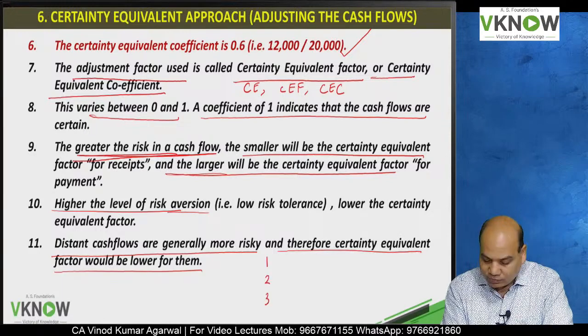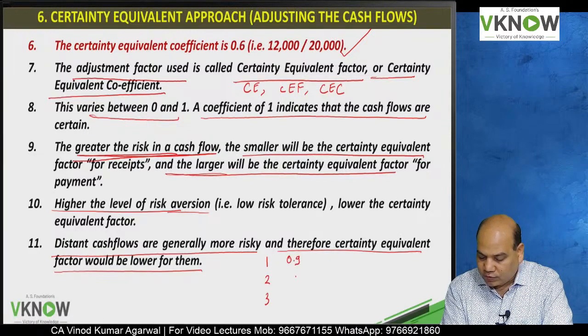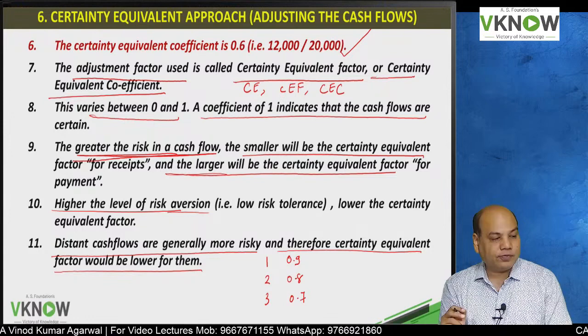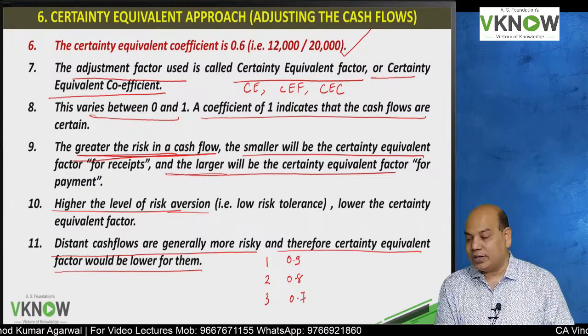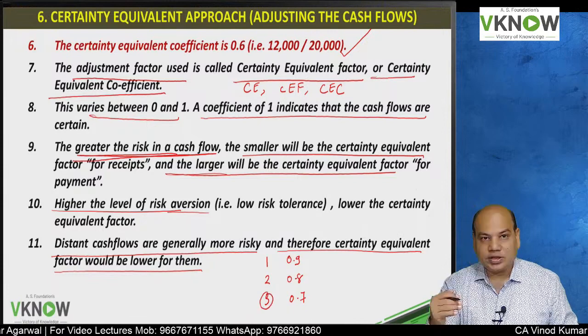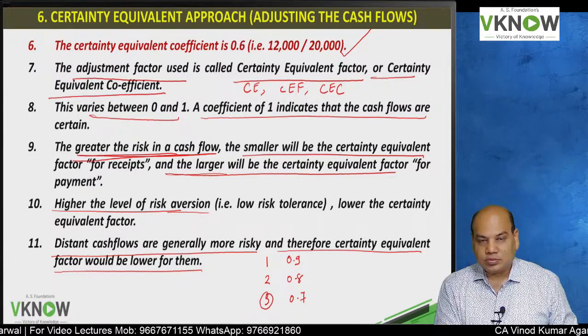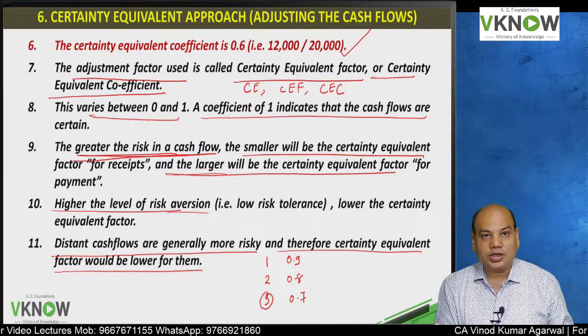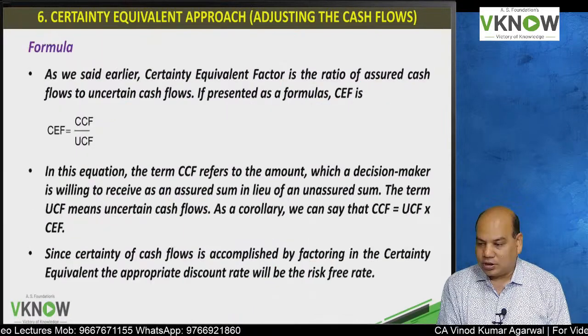For example, certainty equivalent factor can be 0.9 for year 1 cash flow, 0.8 for year 2 cash flow, 0.7 for year 3 cash flow. As we go into distant future, the risk will increase, uncertainty will increase, and certainty equivalent factor will decrease.